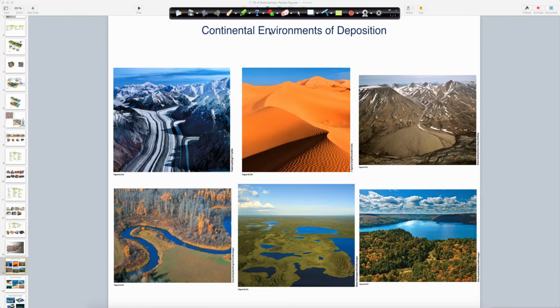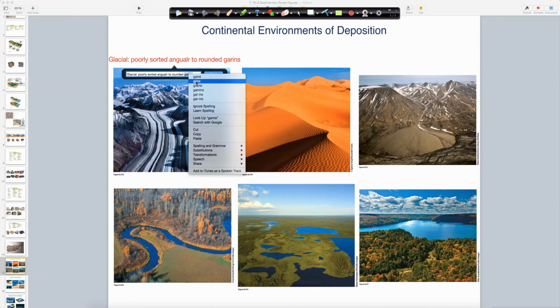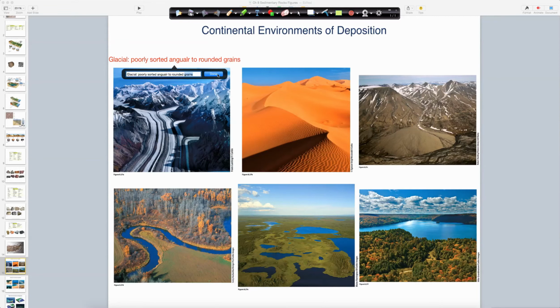Over here, this is showing you a glacier or glacial deposition environment. In this case, you're going to get poorly sorted, angular to rounded grains. That's what you're going to find in the glacial depositional environment.